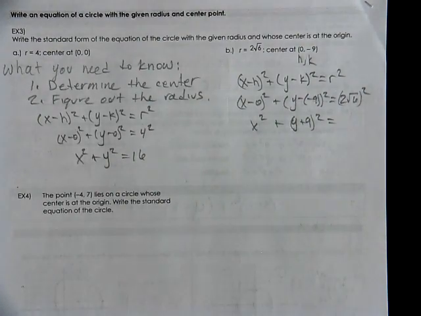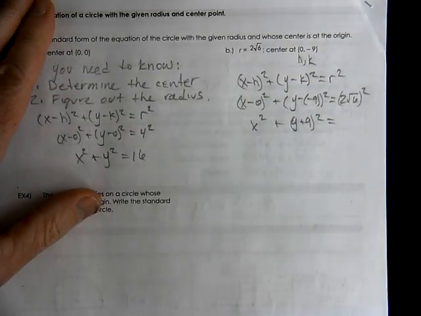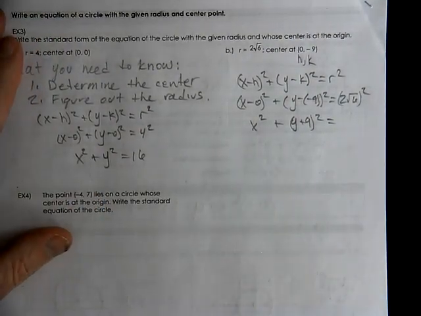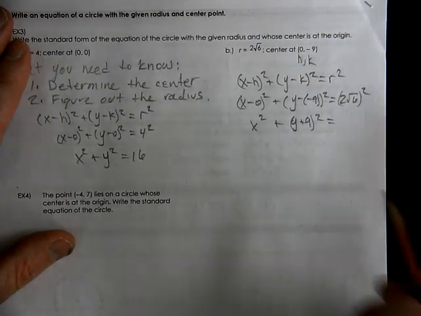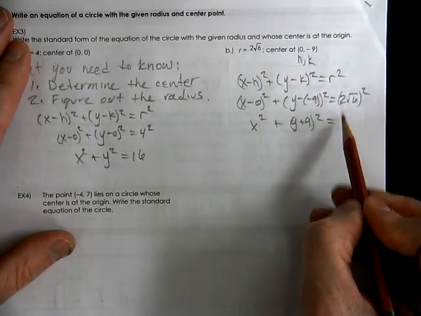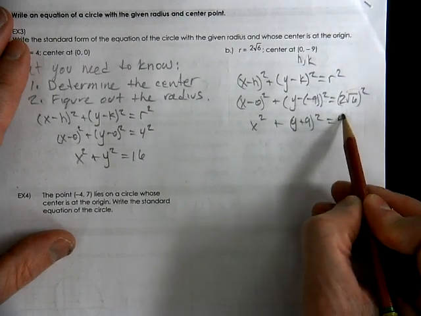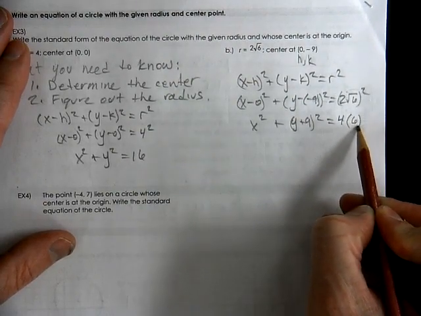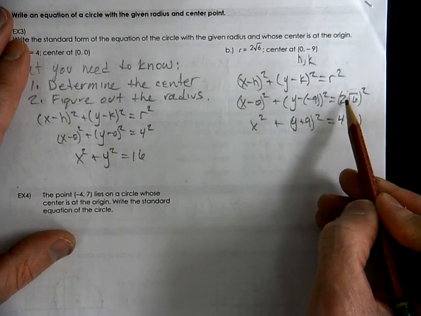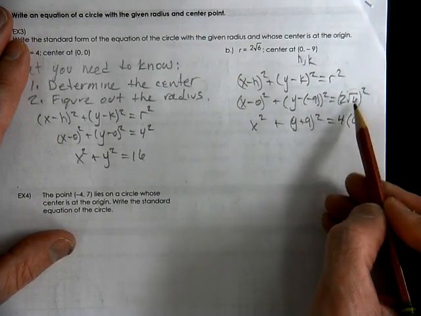Now, how do we go about squaring 2 root 6? 2 root 6 times 2 root 6. When you square 2 root 6, we have 2 squared, and we have the square root of 6 squared.